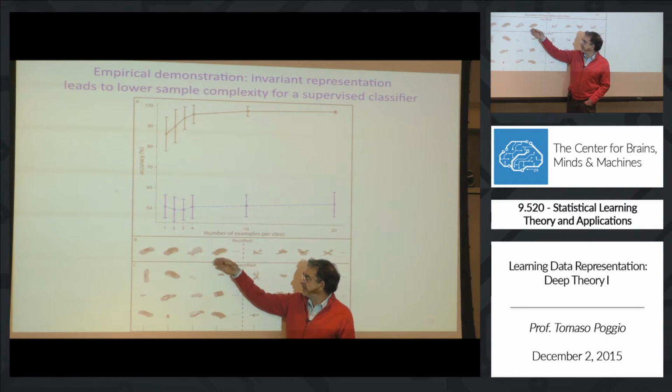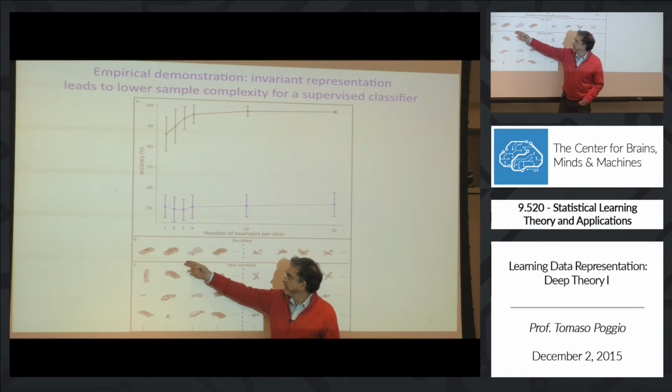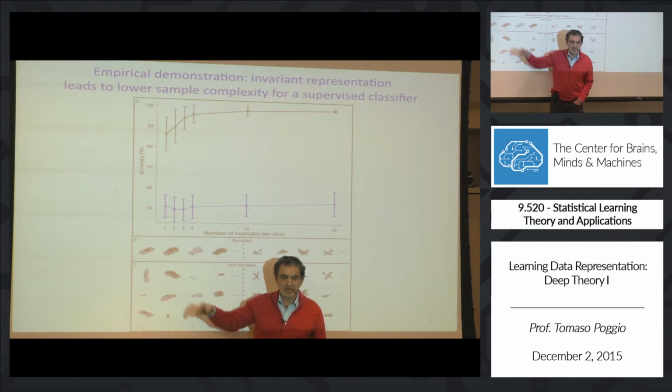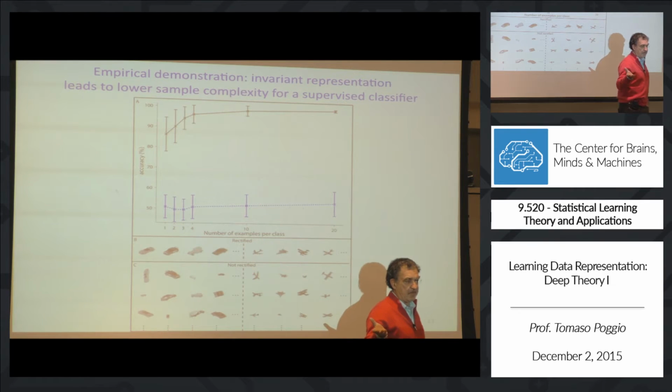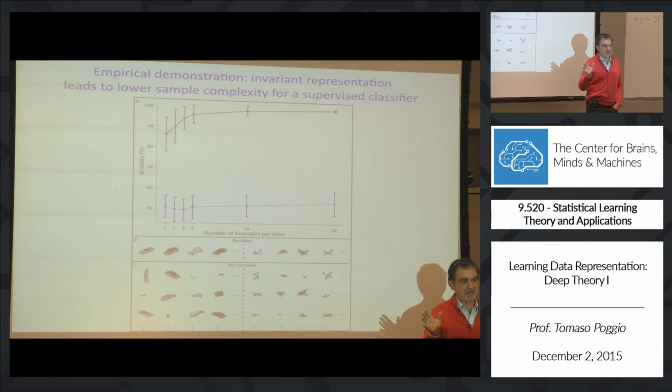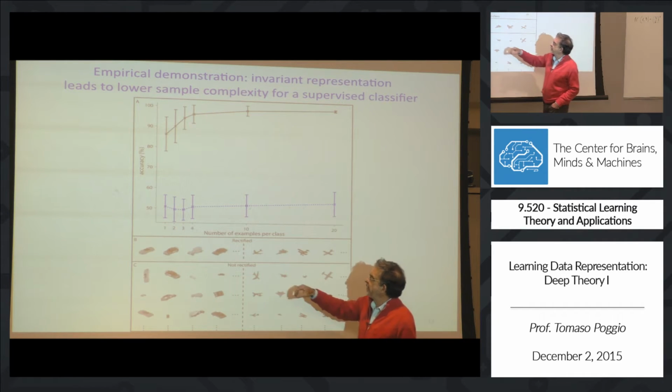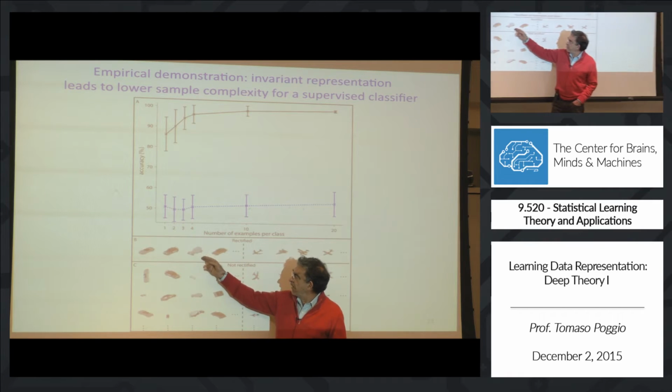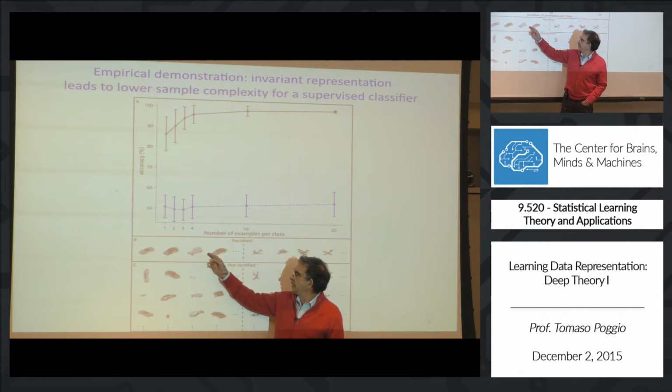But suppose I take the kind of images that an oracle could have given me. So they are all normalized to the same distance and scale and illumination. And I do now the training of the classifier.